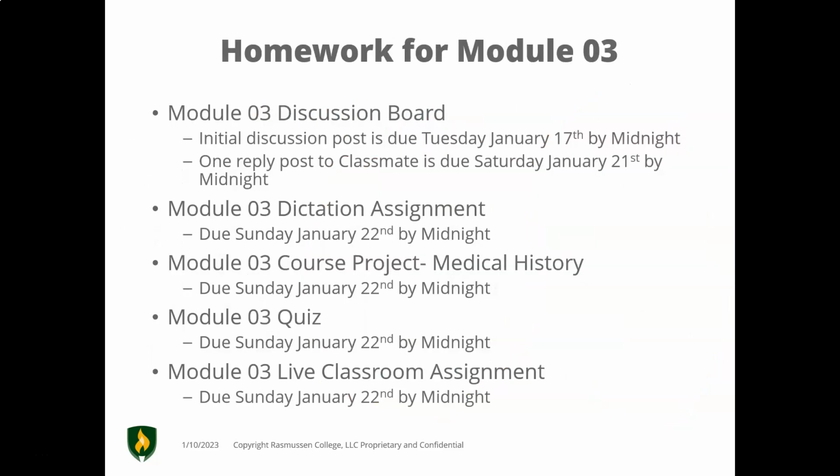Speaking of assignments, let's talk about what you have for homework this week. The first thing that you have is your Module 3 discussion board. This initial posting is going to be due on Tuesday, January 17th by midnight. Please make sure that you are reviewing and answering all of the questions and all parts of the questions on the discussion board itself.